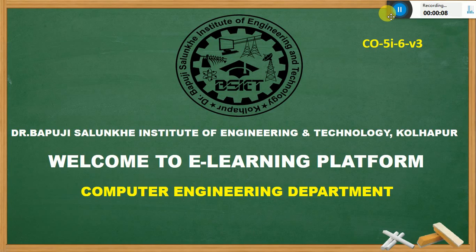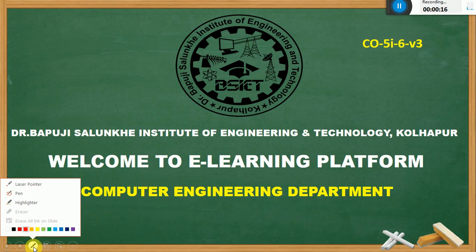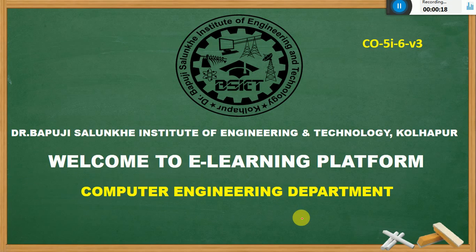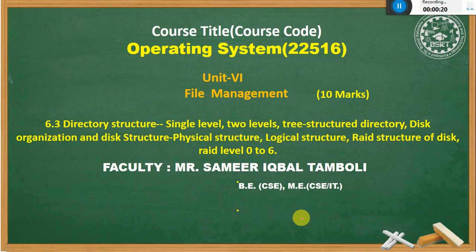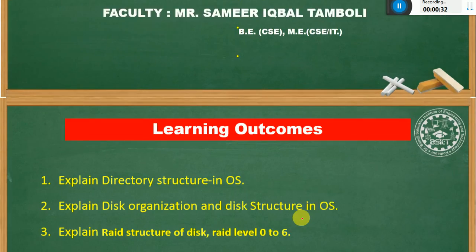Already we have started unit number 6 and it is the last video lecture of unit number 6. So in this video lecture we are going to discuss 6.3: directory structure, logical structure of storage, different RAID levels.